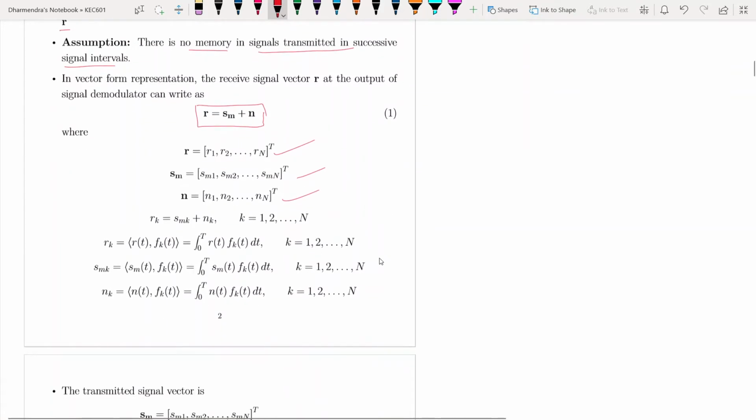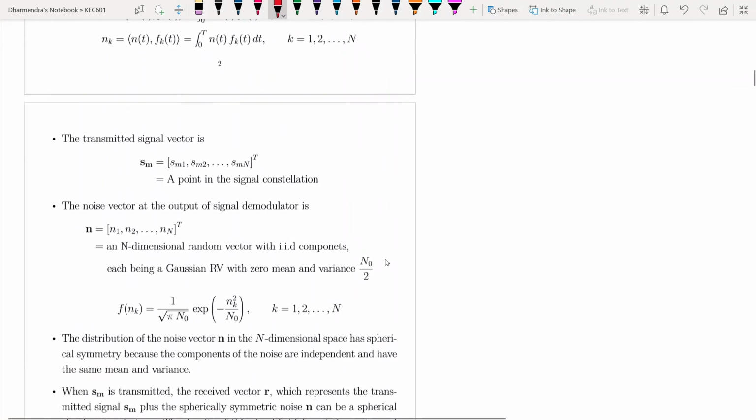As you know, Rk is the projection of the received signal r(t) on the kth basis function fk(t). Similarly, smk is the projection of sm(t) on the kth basis function fk(t). Also, nk is the projection of the noise signal n(t) on the kth basis function fk(t).